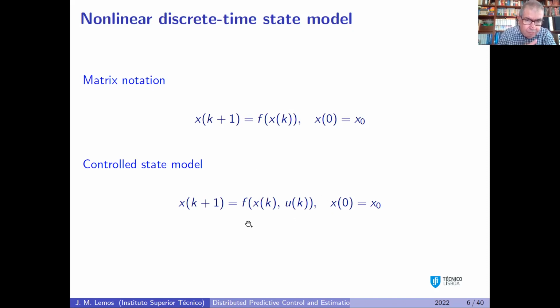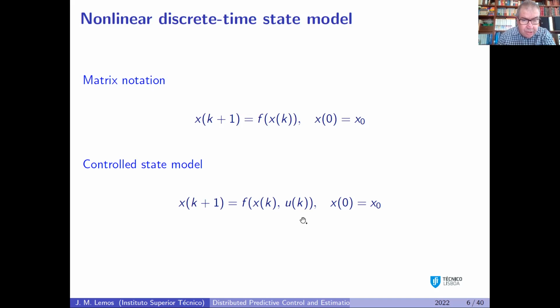Now, if you want to study stability, you can't have this u. So what happens? If you want to study the stability of coupling this controlled state model together with a control law that generates u, observe that u is generated as a function of x.